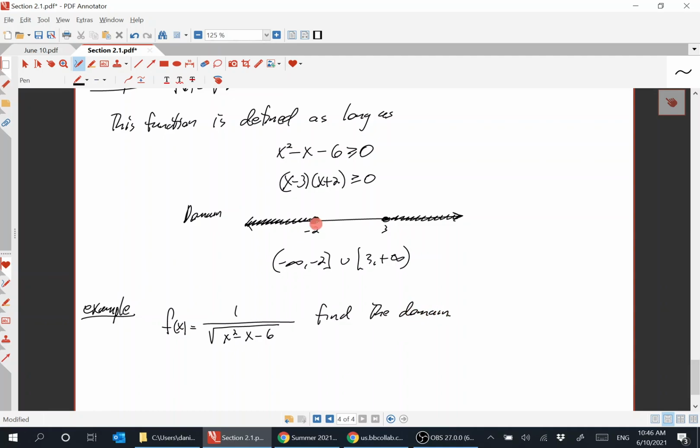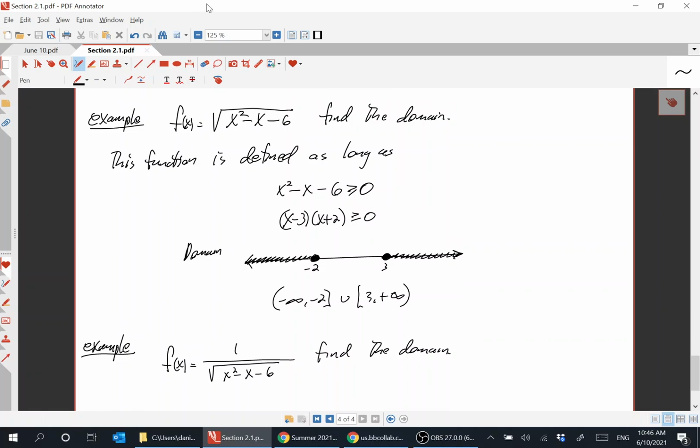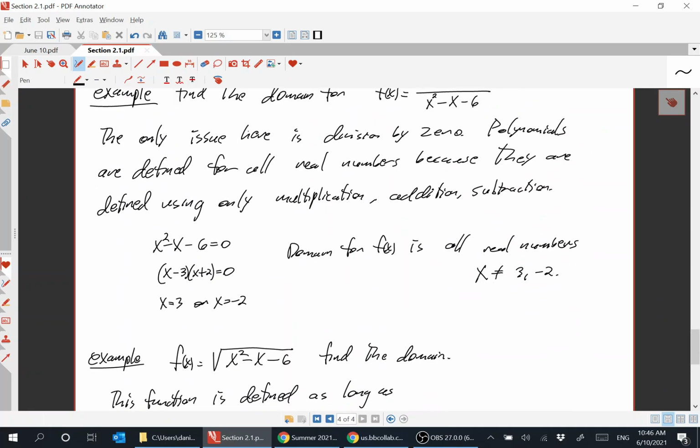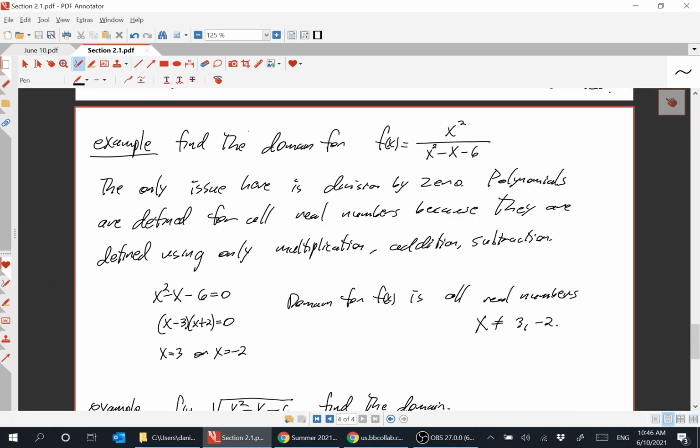Oops, these are supposed to be solid dots here. Well, it's really close to this one, right? We need that the thing underneath the square root is bigger than or equal to 0. But with division, you just got to make sure you don't divide by 0.